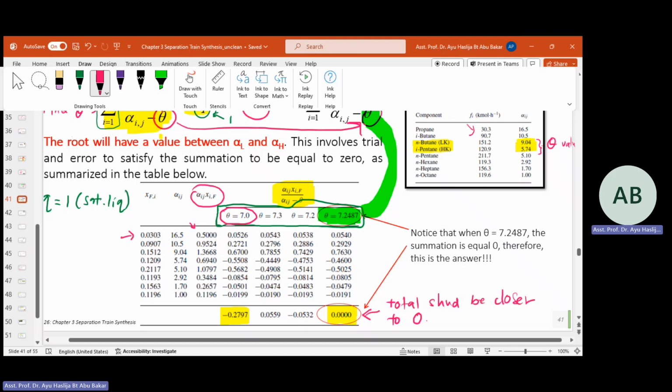So for this question, straight away you use it and find the alpha, relative volatility multiplied by the mole fraction of the feed. Then the summation should be approaching 0 by using the trial and error value of theta. How to get the theta value? It must be between the heavy key and light key relative volatility.